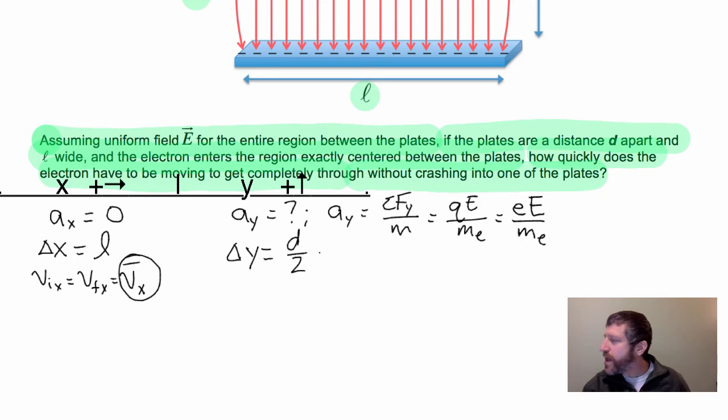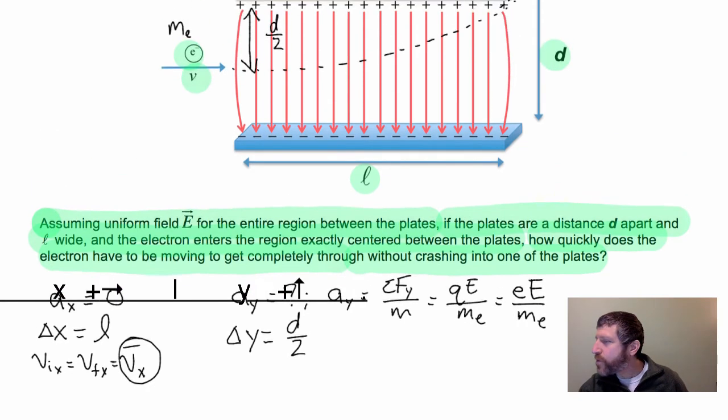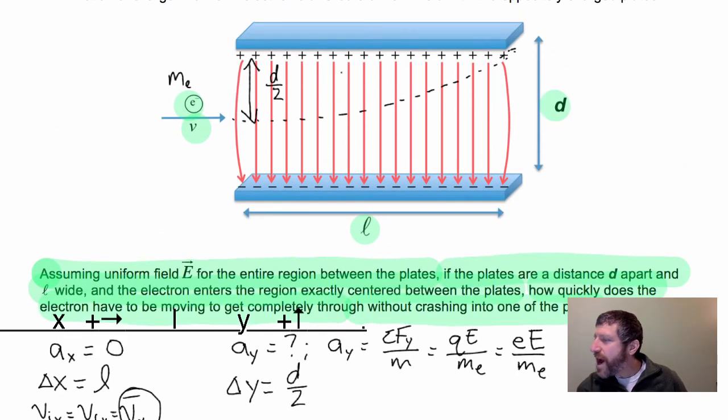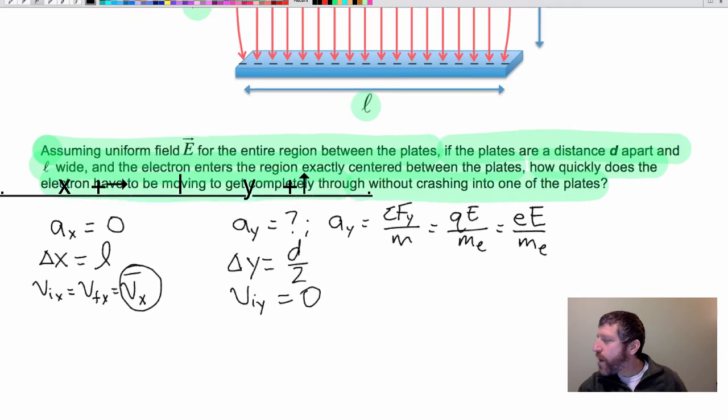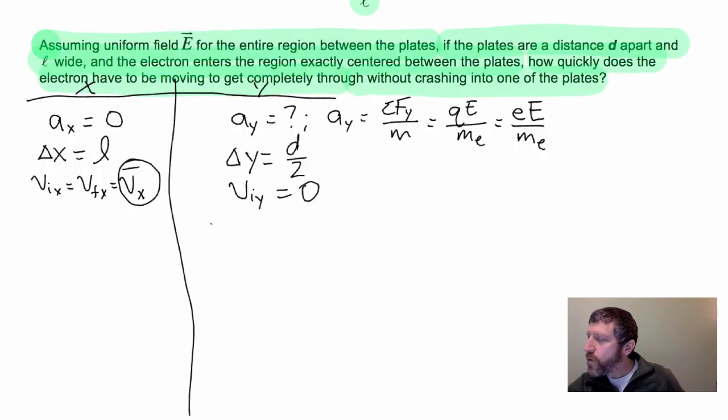So what I'm going to do is figure out, we know how far it moves horizontally. My question is, how much time will it take to do that? Time. And we have a couple other givens in the y direction. What is v initial y? Well, that is 0. So let's go ahead and solve this in the y direction. We're trying to figure out time.